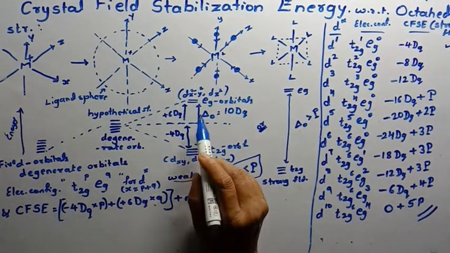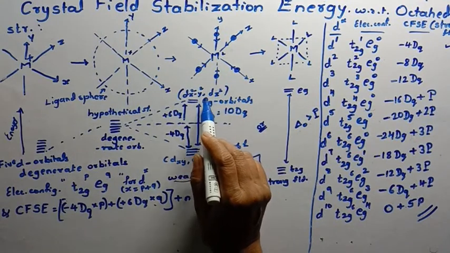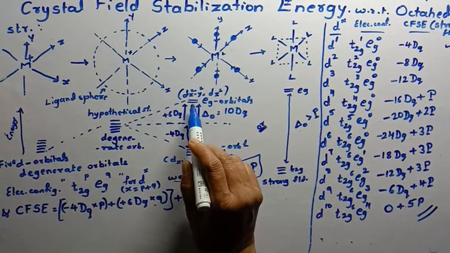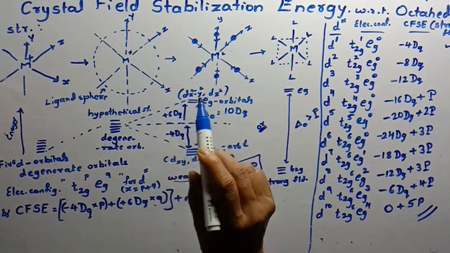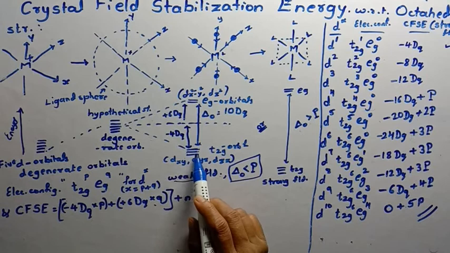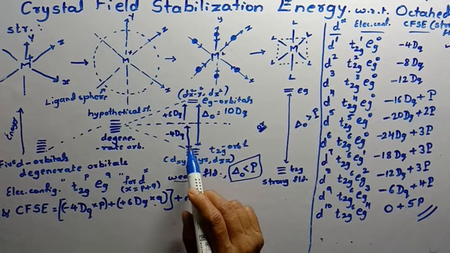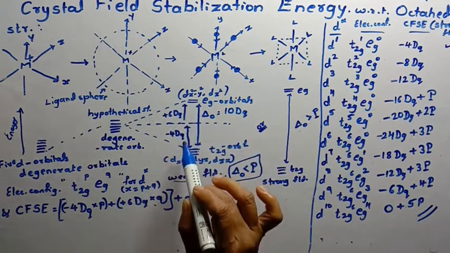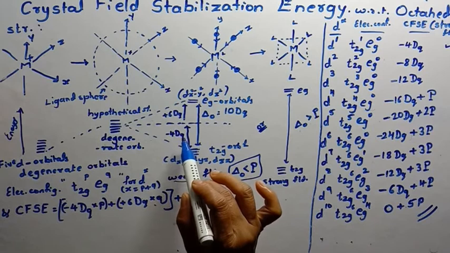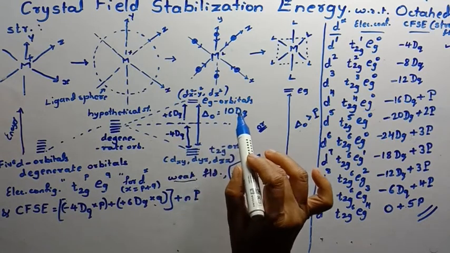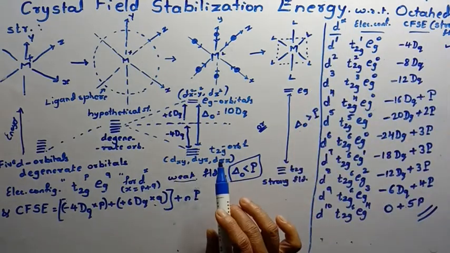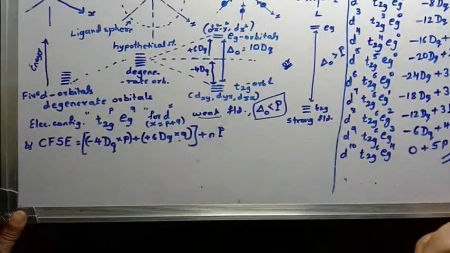Those orbitals lying along the axes repel to a greater extent, so the energy of those 2 orbitals is raised, and the rest 3, which experience lesser repulsion, are lowered by a certain amount of energy. The raising is by plus 6 dq and the lowering by minus 4 dq, and the total is delta O, which is equal to 10 dq. Now the calculation of crystal field stabilization energy using this formula.